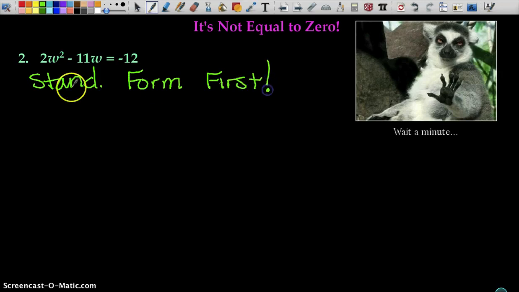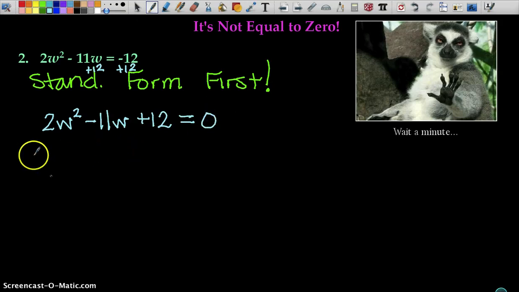Okay? So if it has an x squared or a w squared and another variable, standard form first. So we would do that by adding 12 to both sides. So we get 2w squared minus 11w plus 12, and now we have it equal to 0.